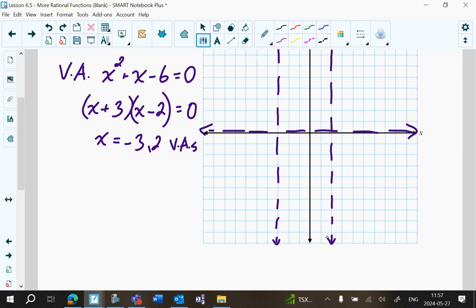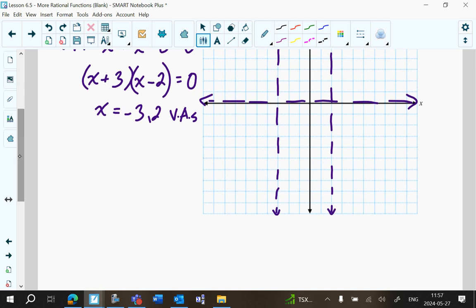Oh yeah, the erupting volcano. So we've got to do our little table of values, x and y. This vertical asymptote is -3, which means I have to try -4 and -2. This vertical asymptote is 2, which means I have to try 1 and 3.